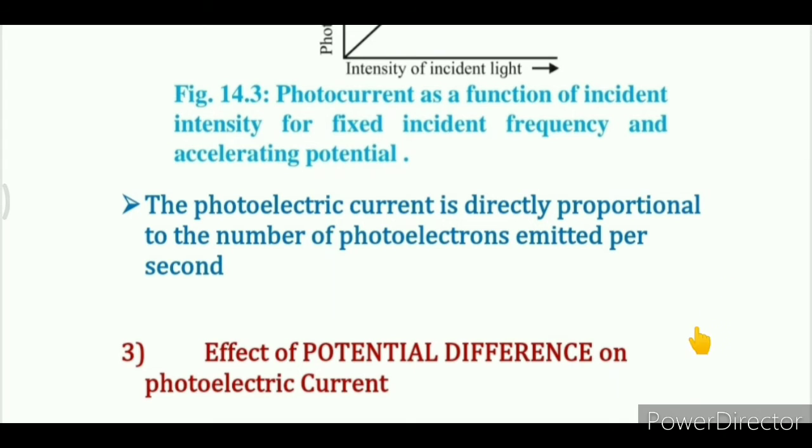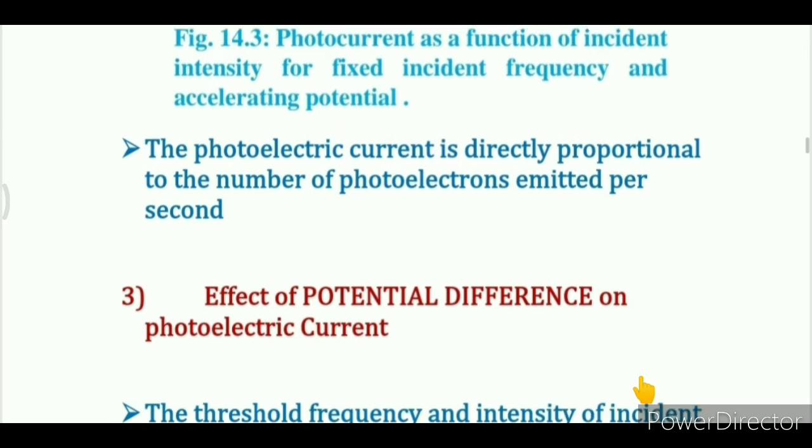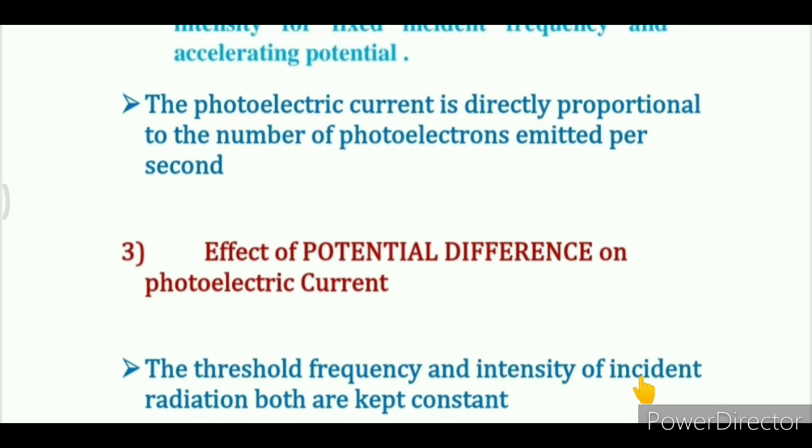The third is the effect of potential difference on photoelectric current. To study this effect, first of all, we have to keep the frequency of incident radiation and the intensity of incident radiation both constant.